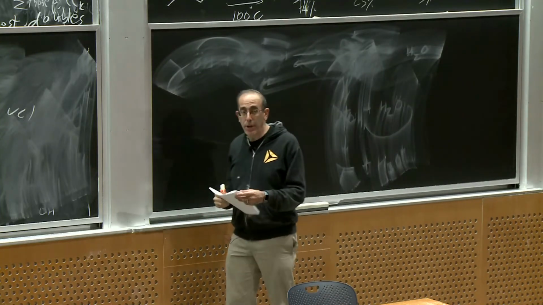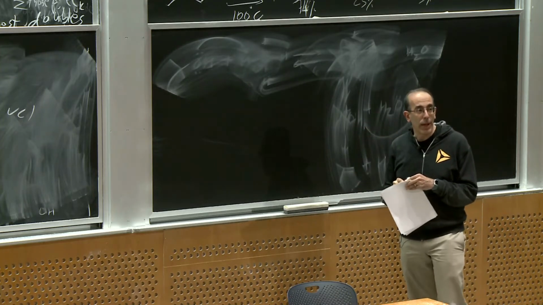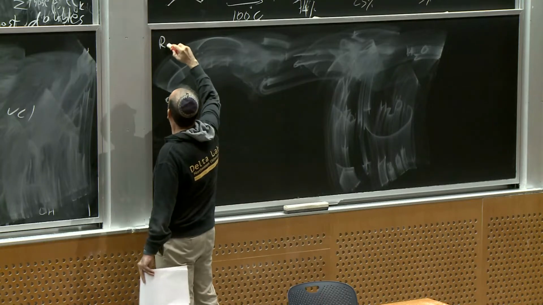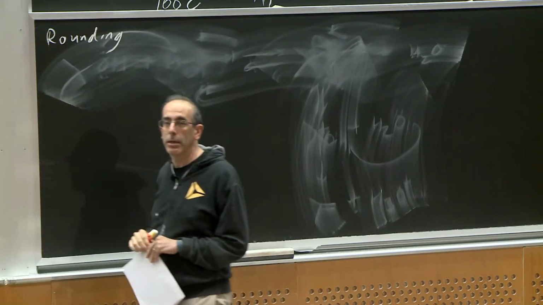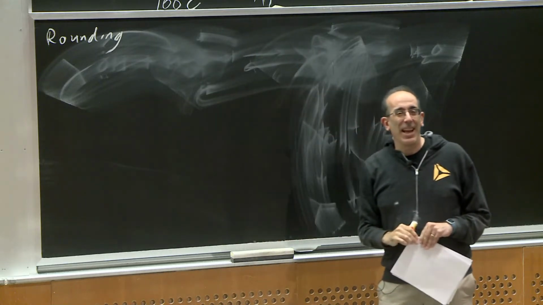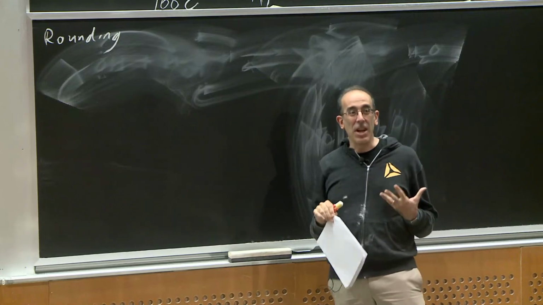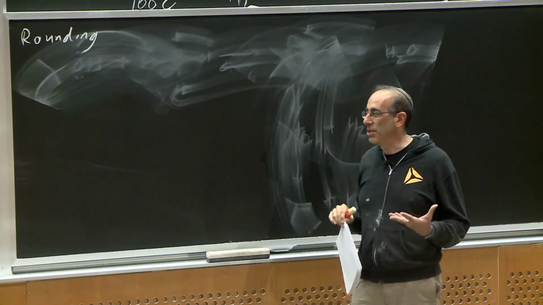So when you have an NP-hard problem, formulate it as an integer linear program, relax it, and now all we have to do is rounding. And here we're literally rounding. We have a solution that involves non-integers, and we want to turn it into a solution that involves integers.